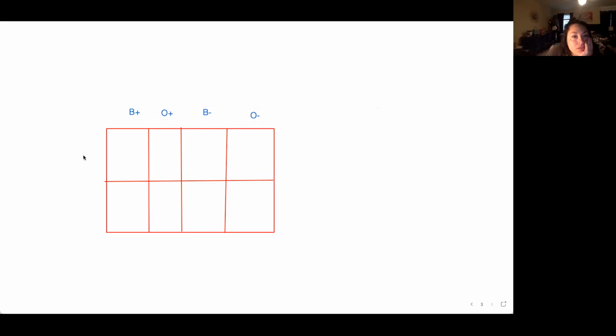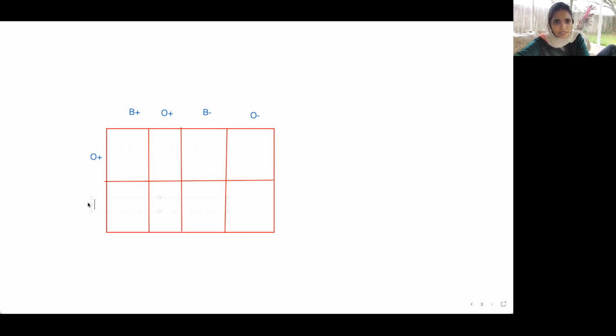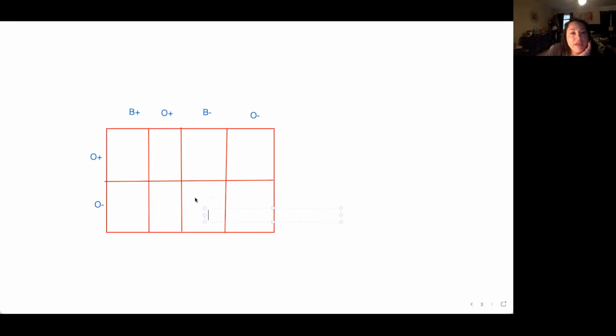Yes. So for the O positive parent, O plus is one gamete. The other gamete is O negative. So what did I say? Can they have an O negative child, or B negative? This is O negative, right?